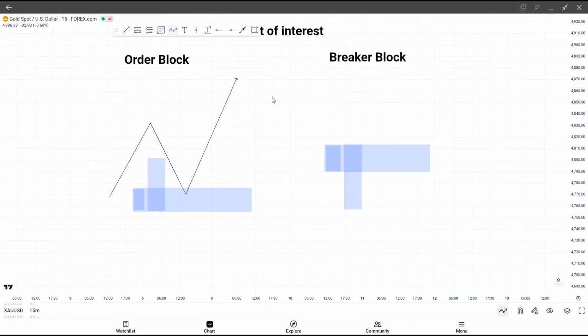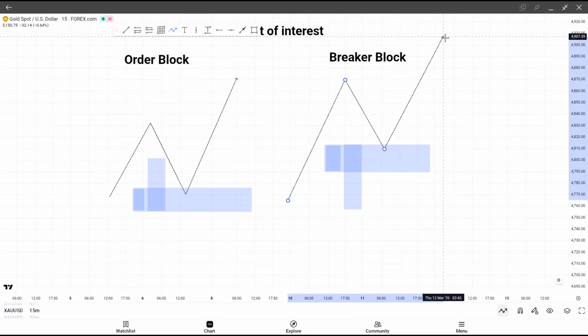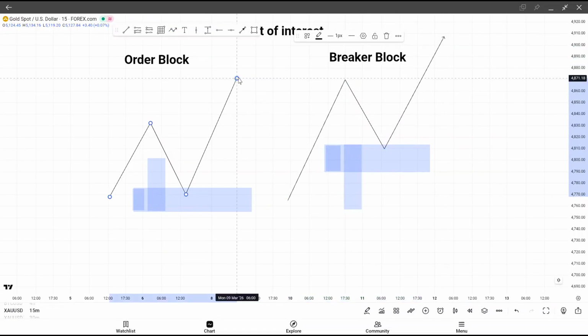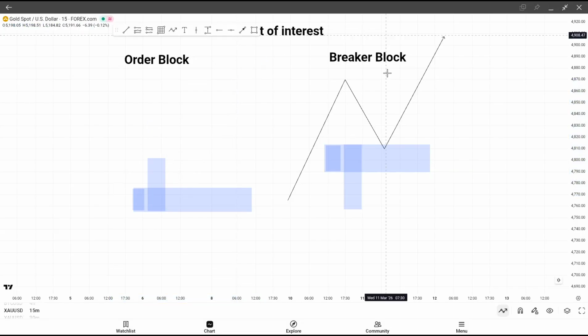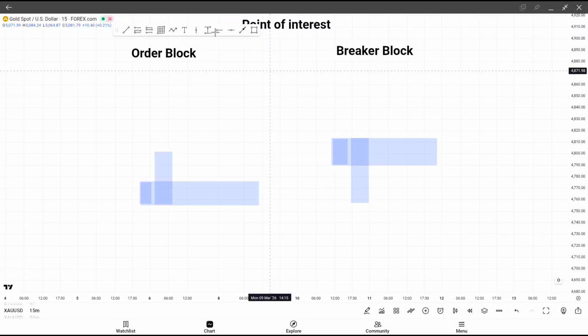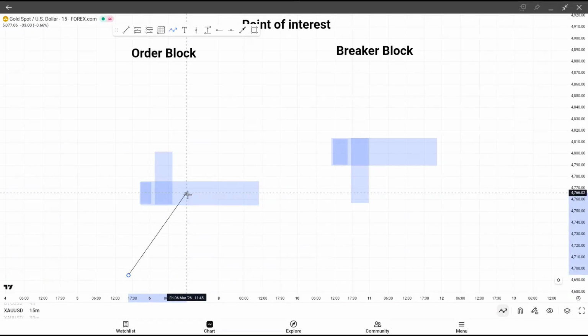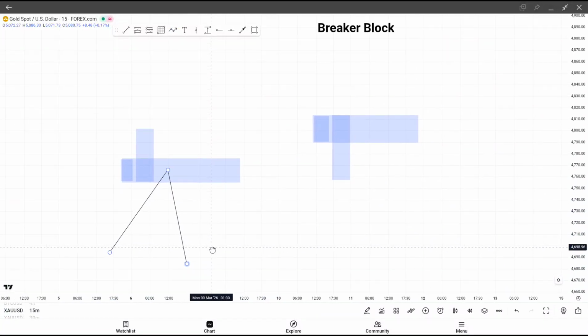What's the main function of the breaker block? It is also to buy. In a bullish market, when the market comes and mitigates the breaker block, it goes to the upside. And at the same time, the breaker block also has the function to sell in a bullish market. How does it work? When the market comes and mitigates the order block, it sells to the downside.